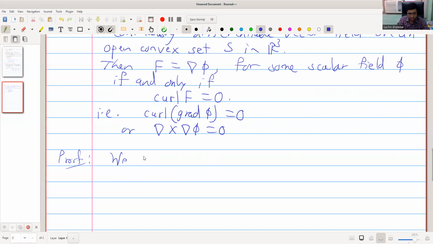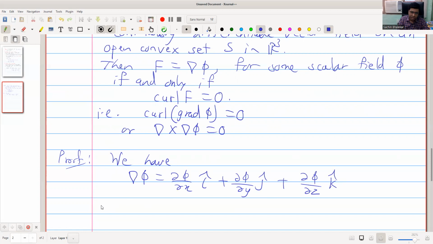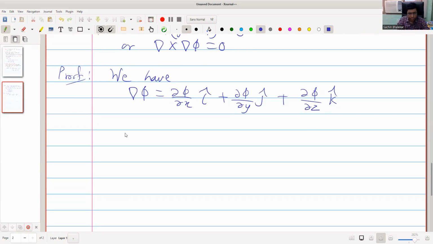So we have del phi equal to partial derivative of phi with respect to x into i hat plus partial with respect to y, j hat, plus partial of phi with respect to z, k hat. And therefore del cross del phi equals a determinant of a matrix whose first row is i hat, j hat, k hat.